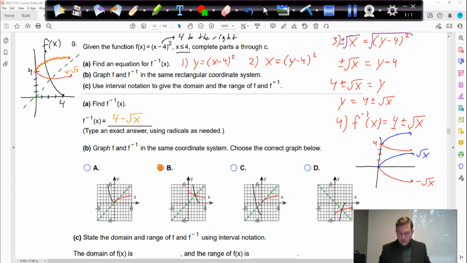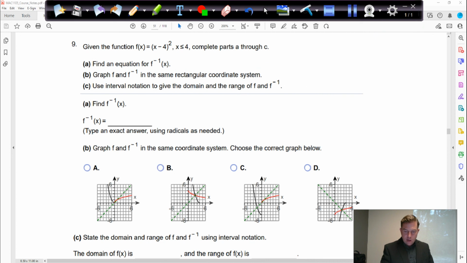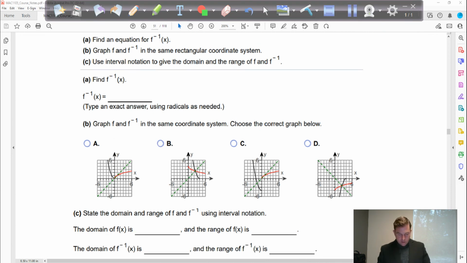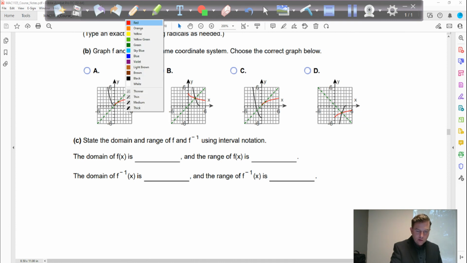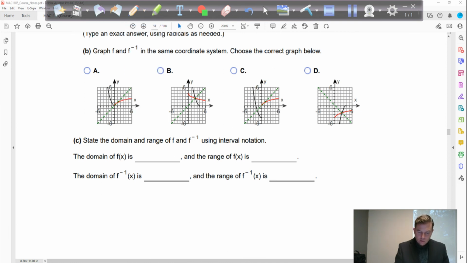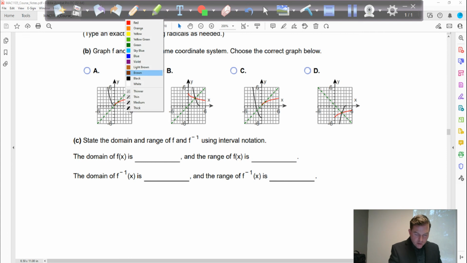Okay, now that we have the picture, they're going to ask us about domain and range. So let's go down to that. We know our answer is B, so we can actually use the drawing now to answer this part. So let me use color here to help us.